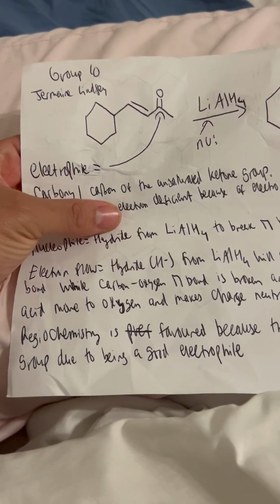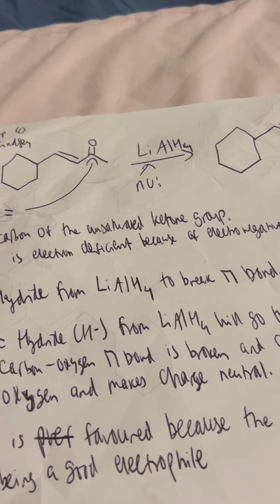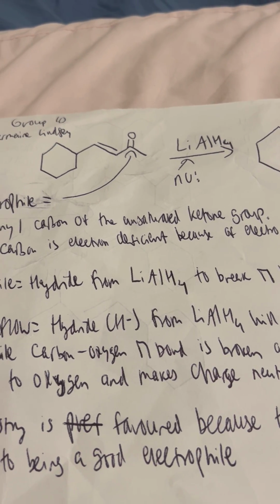So the electrophile is going to be that carbon of the unsaturated ketone group. The carbon is typically electron deficient because it's going to have a more favorable bond between carbons and hydrogens.